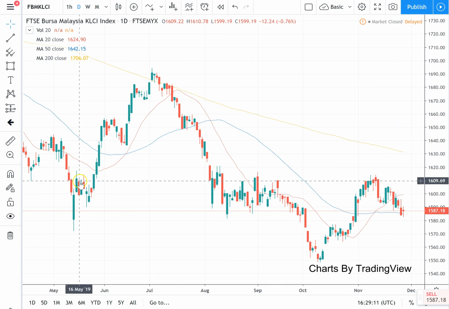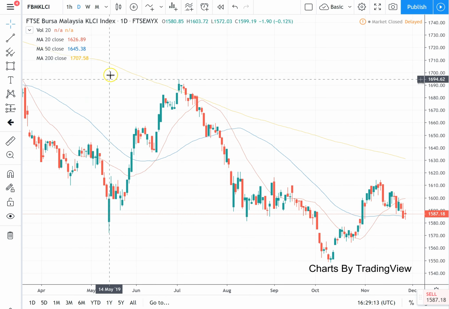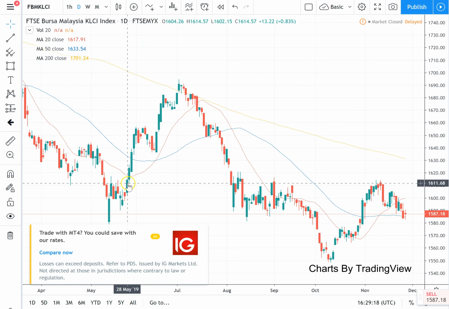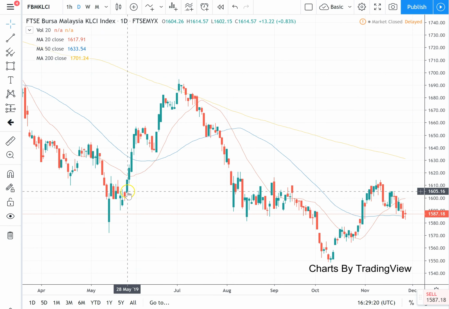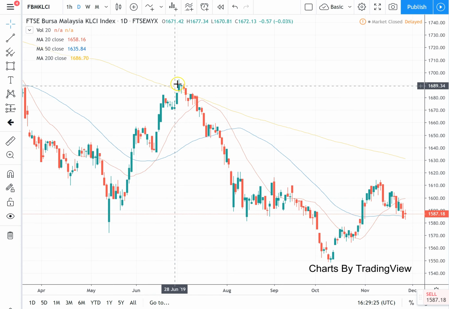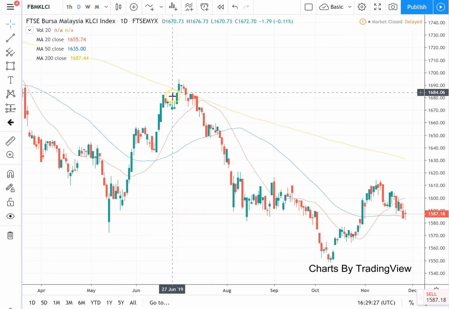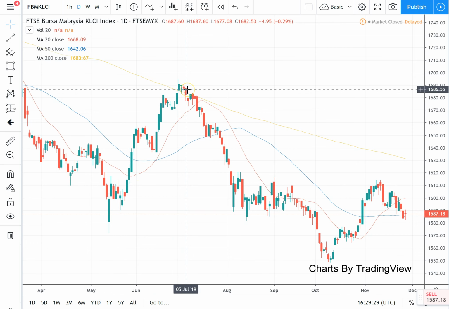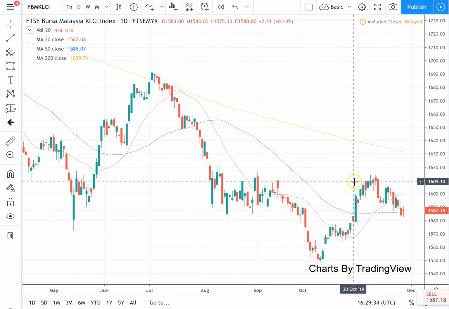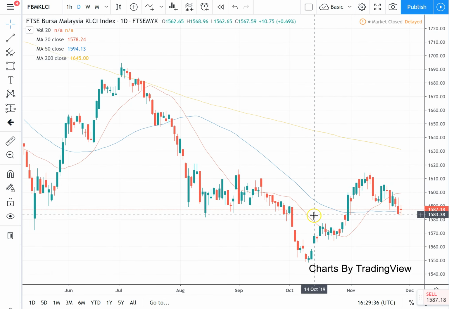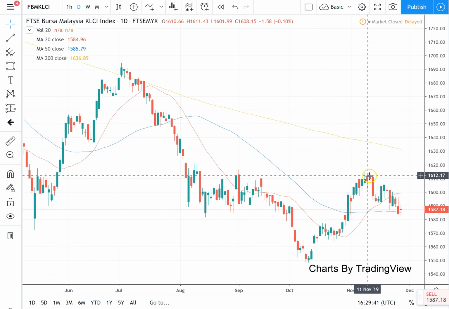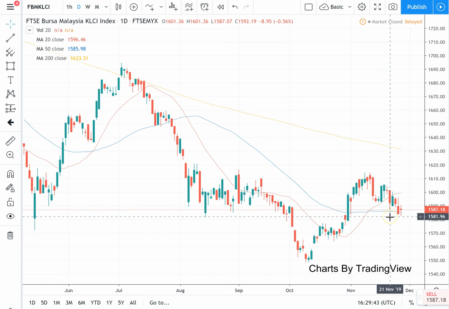For example, there's a nice bounce up here, even though it's below the declining 200 MA, from around 1590 plus to around this area. When it hit the 200 MA, it found resistance there and then it declined. So at this moment, KLCI has gone down and then up and then is correcting again.